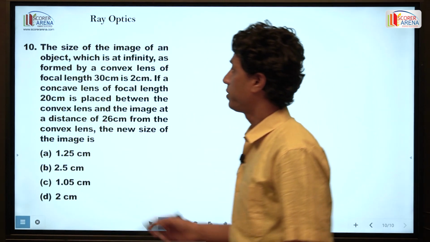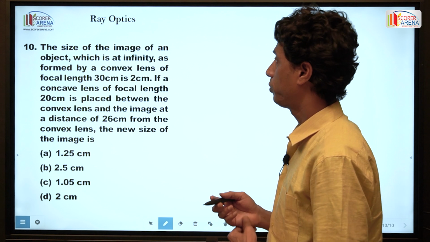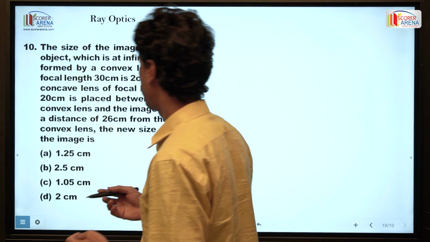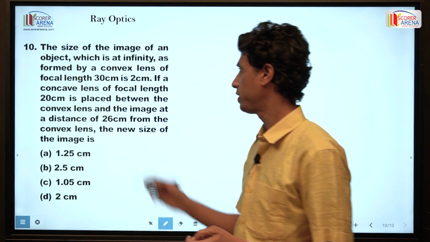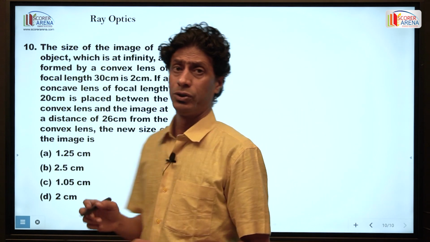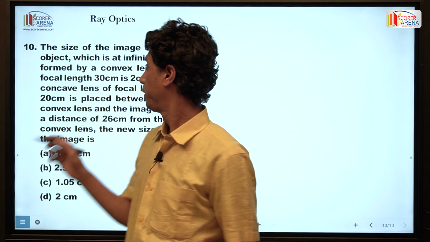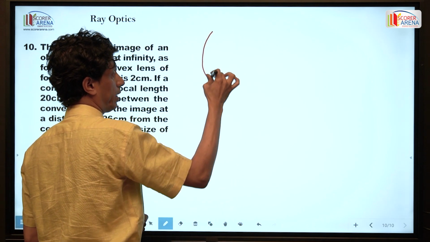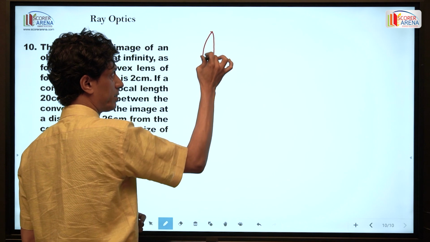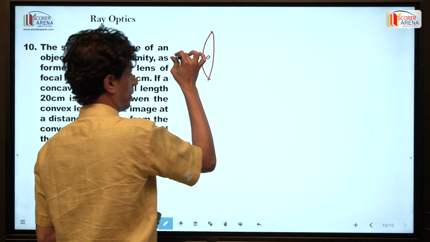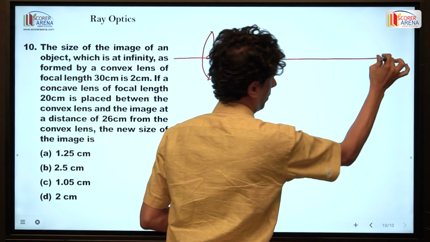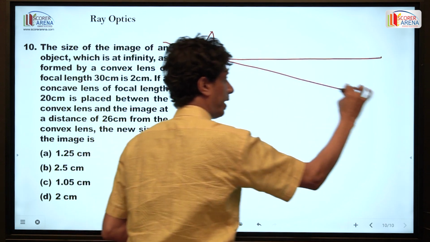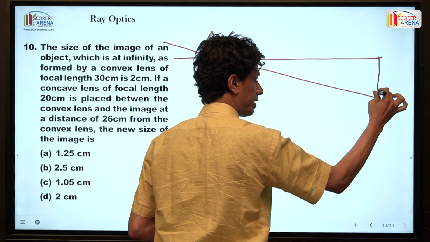Next problem. The size of the image of an object which is at infinity as formed by a convex lens of focal length 30 cm is 2 cm. So here a converging lens, and parallel rays are incident upon it.